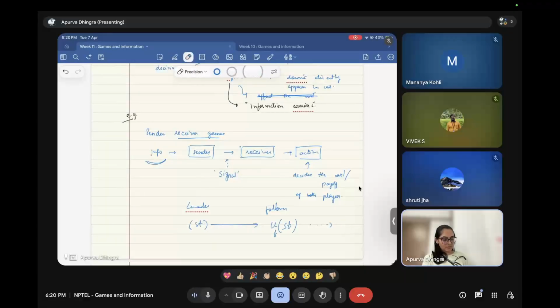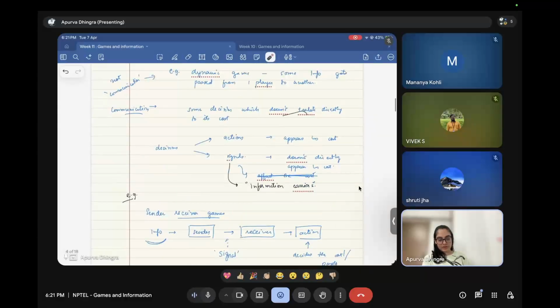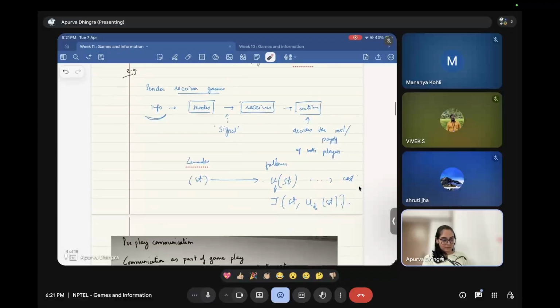In Stackelberg, this might actually be something that is important in the cost itself. So the cost that we saw was with respect to the strategy and UF of strategy. But in the kind of way we are talking about communication now, this will not show up in the cost. Okay, that's the similarities and differences between this and Stackelberg.